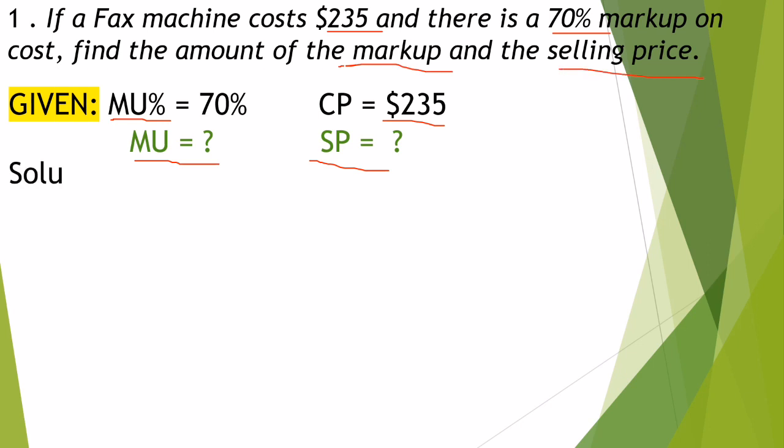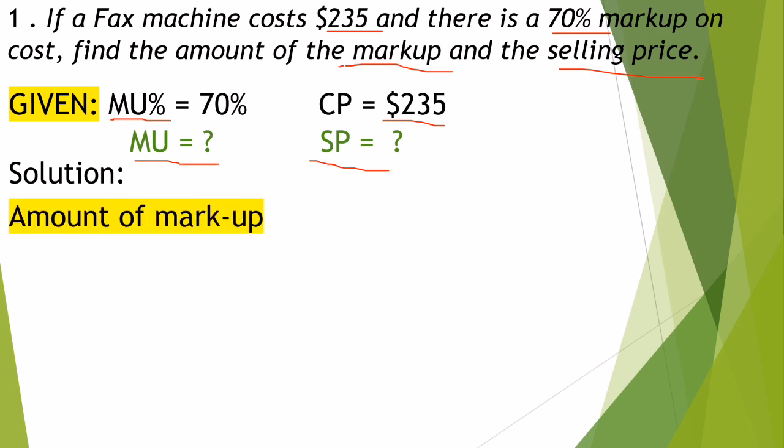Next, for our solution, first, we need to write our formula. So what are the formulas that we need to use? So for the amount of markup, we have the formula MU is equal to markup percentage times cost price.